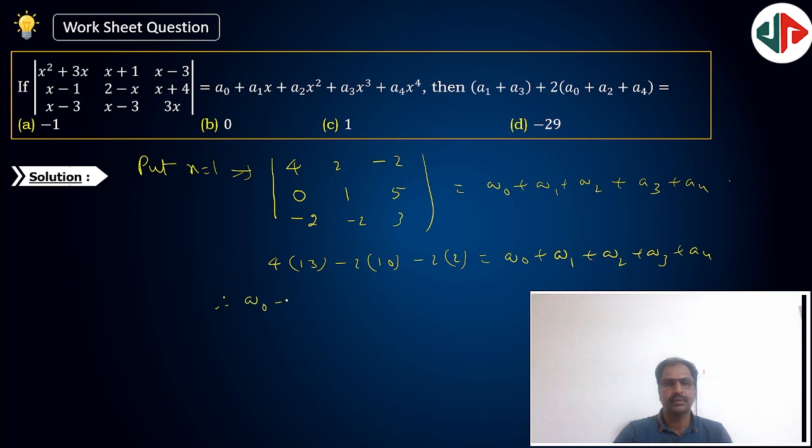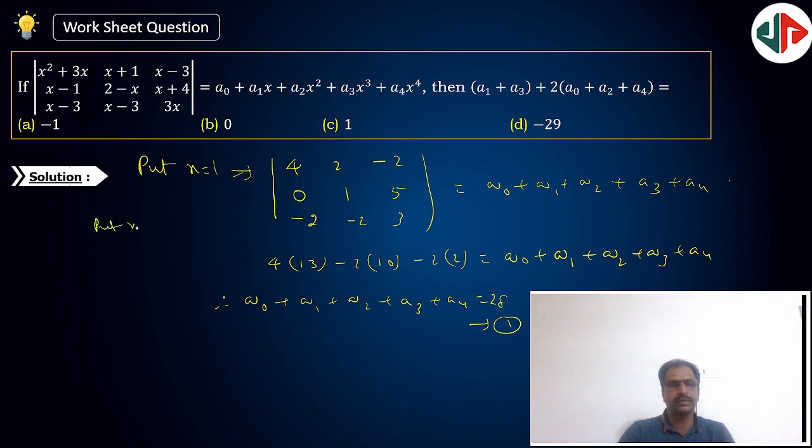Therefore, a0 plus a1 plus a2 plus a3 plus a4 will be equal to 13 4s 52 minus 20, 32 minus 4, 28. Let us say it is equation 1. Now put x is equal to minus 1.